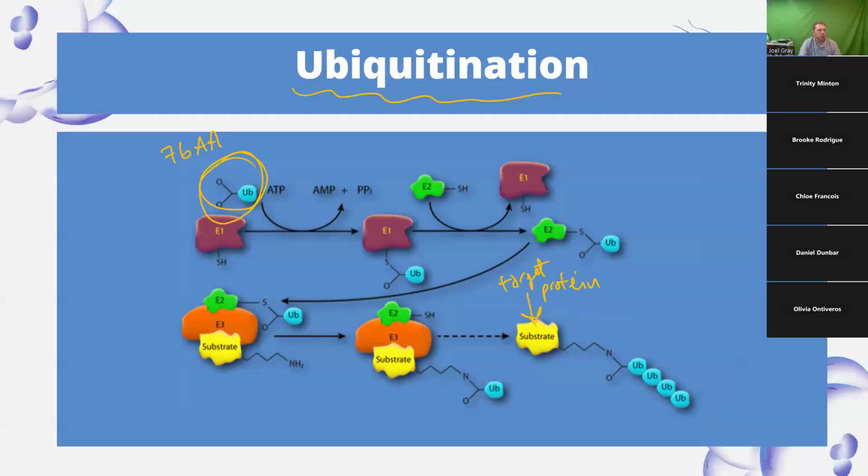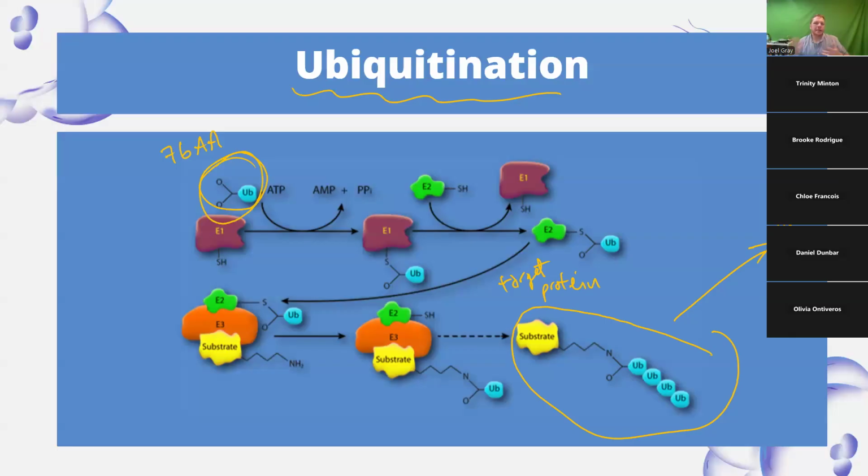So what you're going to do is put a total of at least 4 ubiquitin subunits onto that protein. And when a protein has 4 ubiquitin subunits covalently bound to it, then it goes to the proteasome. So you could think about this almost as if a protein gets ubiquitinated, chances are it's going to be degraded.